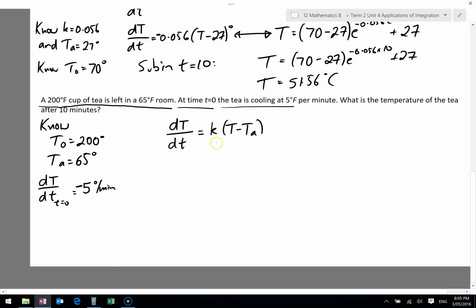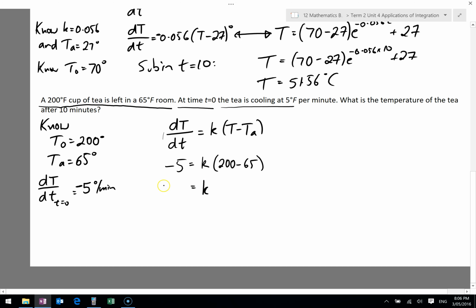So from this original equation, I can actually find the k value with the information I'm given at the moment. I know initially this rate of change is minus 5. There's a k value which I'll be able to find. At that initial time, the temperature was 200 and the ambient temperature is 65.